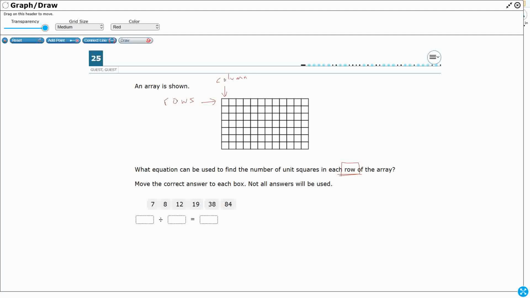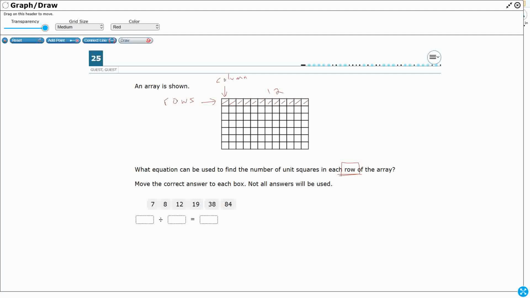So what do we have here? I've got 1, 2, 3, 4, 5, 6, 7, 8, 9, 10, 11, 12. Okay, so I've got 12 in each row. So if I want to, I can go ahead and mark that in our answer key.